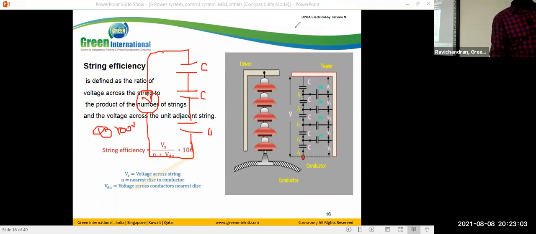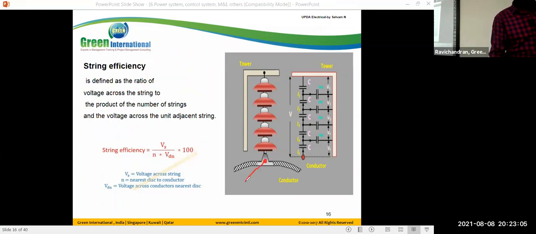So here, this is the conductor that carries the transmission voltage. This is the string. Strings are connected like this. So now the equivalent model is like this.